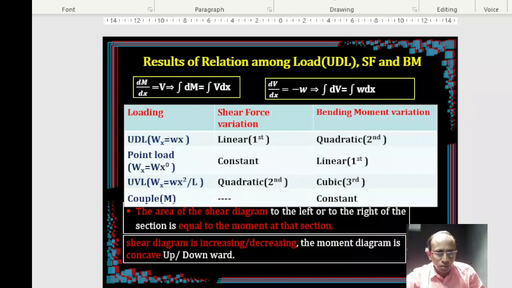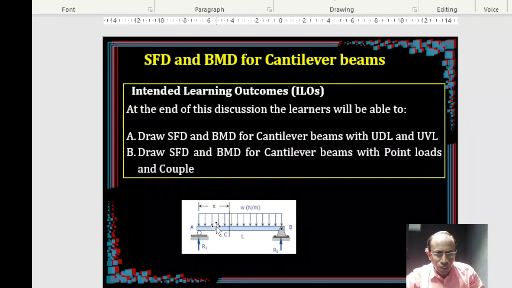So the relationship between the shear force and bending moment, in that particular situation we have considered a UDL. Although we considered the UDL, this concept can be extended to point loads and uniformly varying loads also. After all, a concentrated load is a kind of UDL but acting over a short distance at a point.